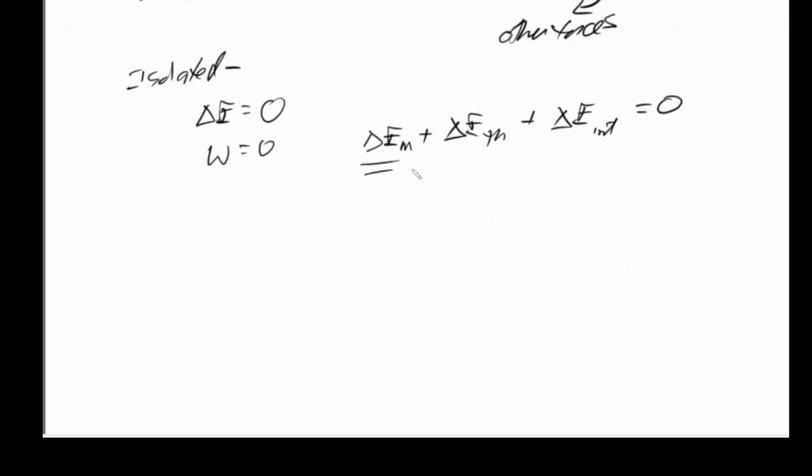If we write the change in mechanical energy as mechanical 2 minus mechanical 1, we get that our final mechanical energy is equal to the initial mechanical energy minus the change in thermal energy minus the change in internal energy.